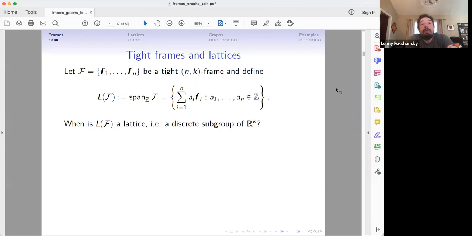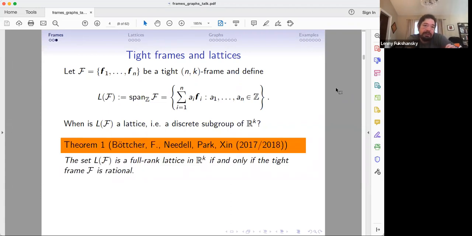In general, if I had k linearly independent vectors, then yes, it would necessarily be discrete. However, if my collection of vectors is overdetermined, then one can come up with examples where a set like this is dense. So the question is, when is it discrete? Here's a theorem which is actually not hard to prove.